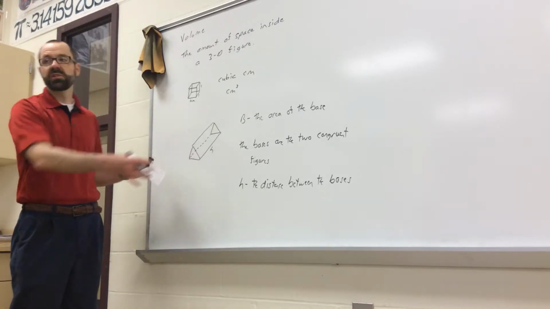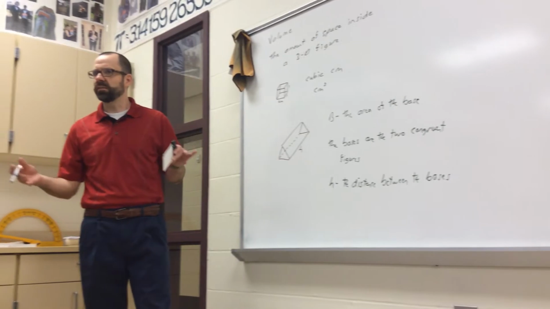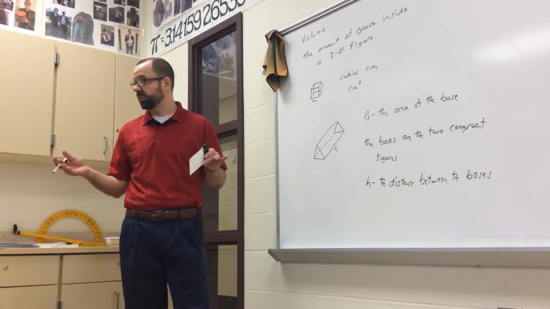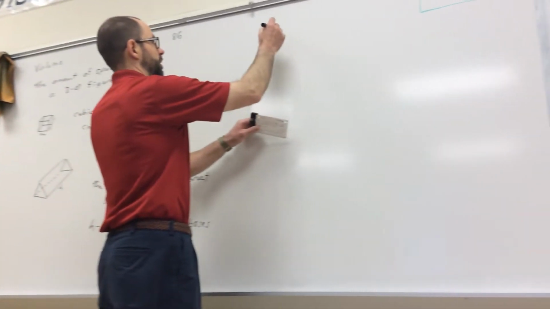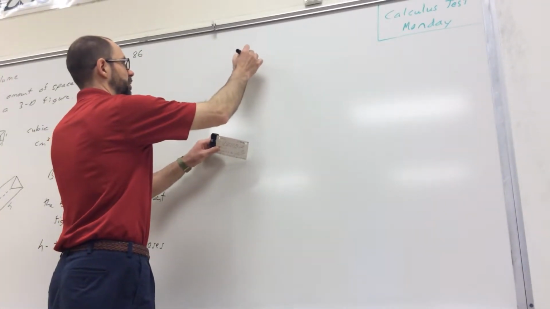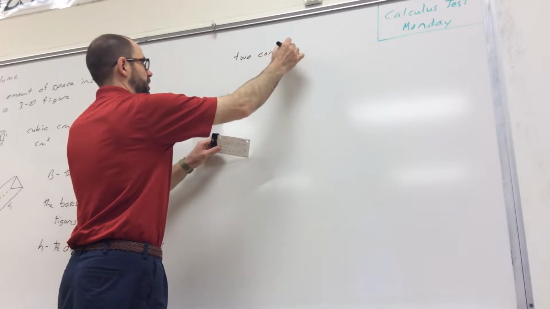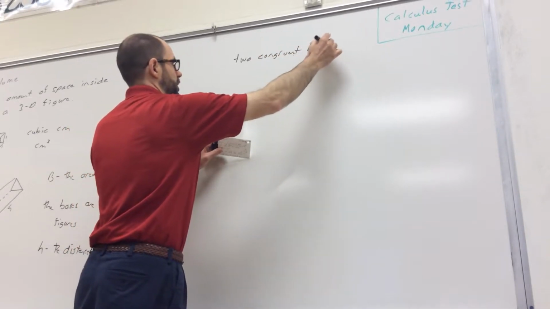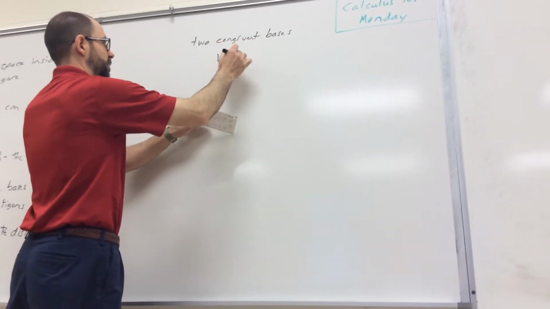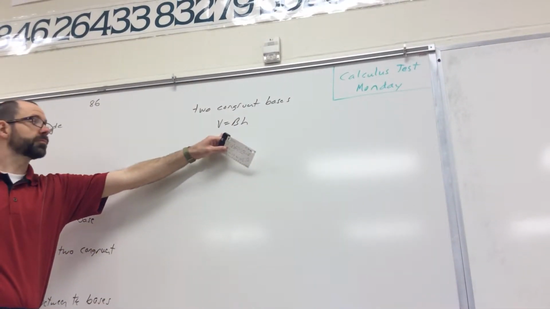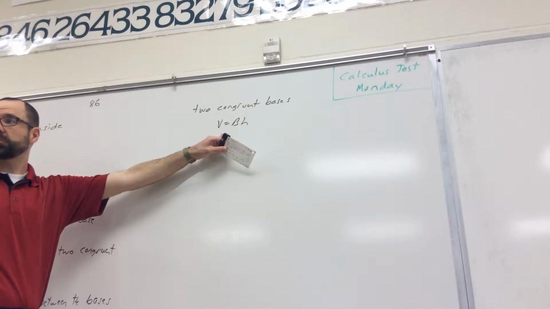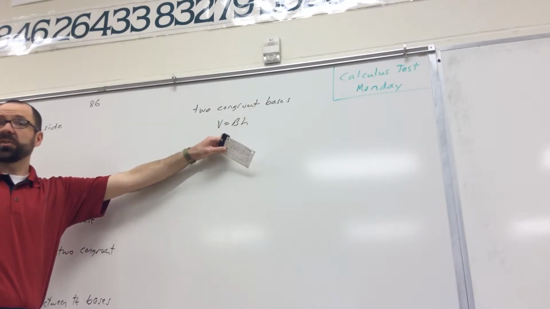All right, so that was just previewing how to find volume, but now we're going to have some formulas for volume. So there's 3 formulas today. The first one is if you have 2 congruent bases, the volume is capital B times H. Then there's other figures that just have one base and a point.